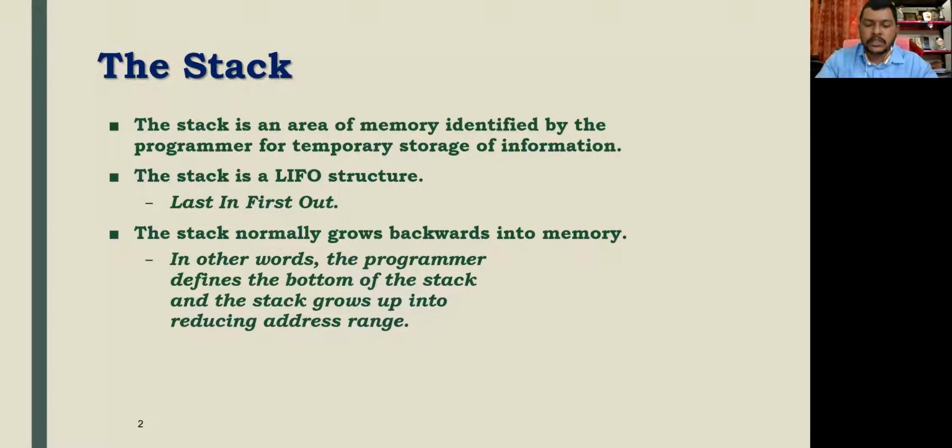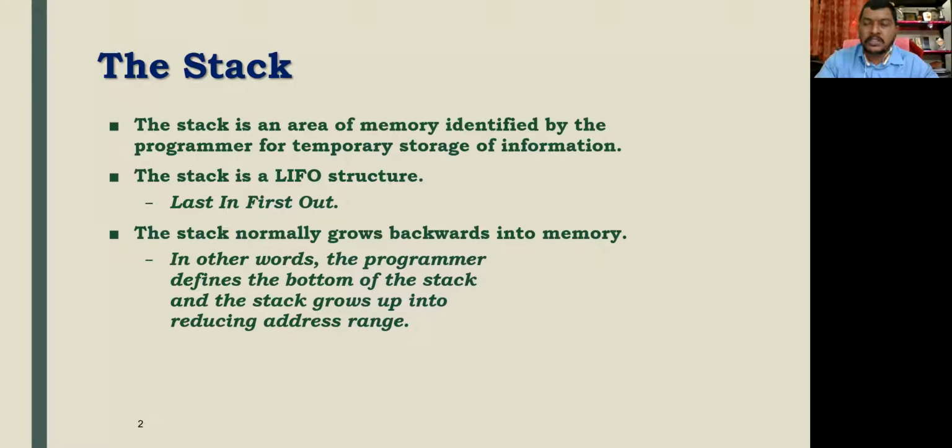So this is about stack, and I hope you have got this. So we are going to store this in some of the memory locations. So we need to store that in some of the memory locations, and yeah, so like this. So we are having this as a memory.